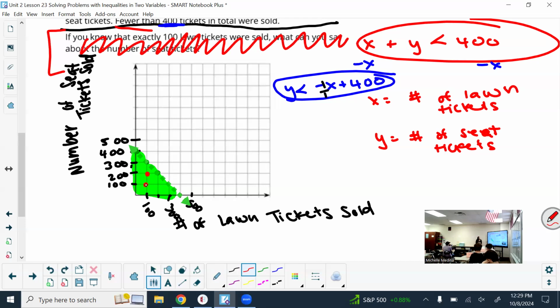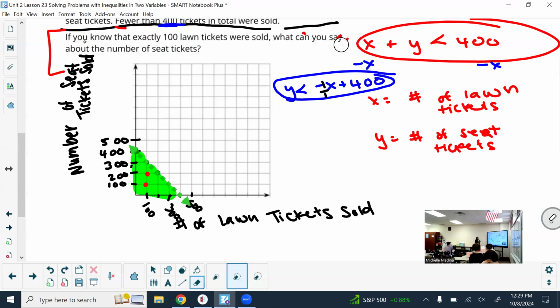All right, so if we go back to the additional question, if you knew that 100 lawn tickets were sold, what can you say about the number of seat tickets? What's the most seat tickets they could have sold?